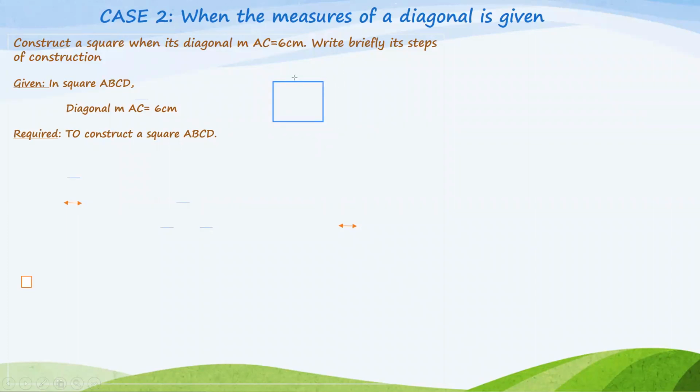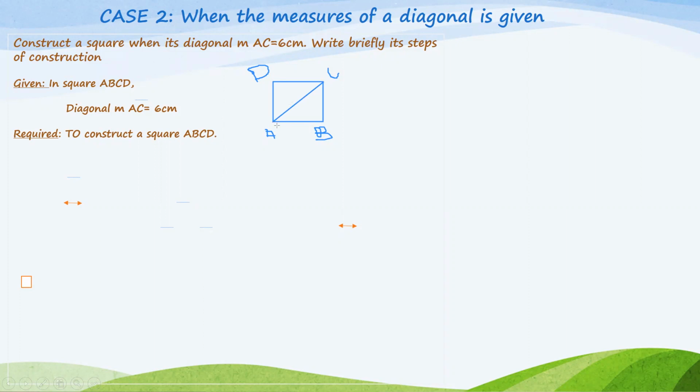If we draw a rough sketch of ABCD here, this is A, here we mention B, then this is C, and this is D, right? So what is given in this question, Vijay? Diagonal AC is given. This is of 6 centimeter.